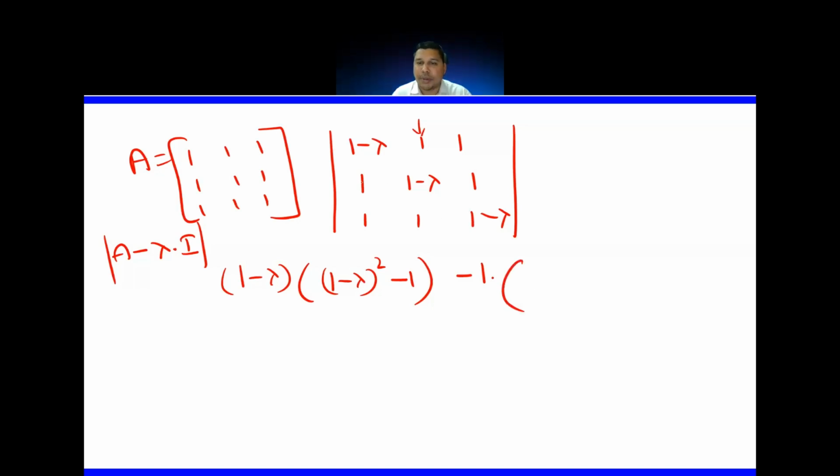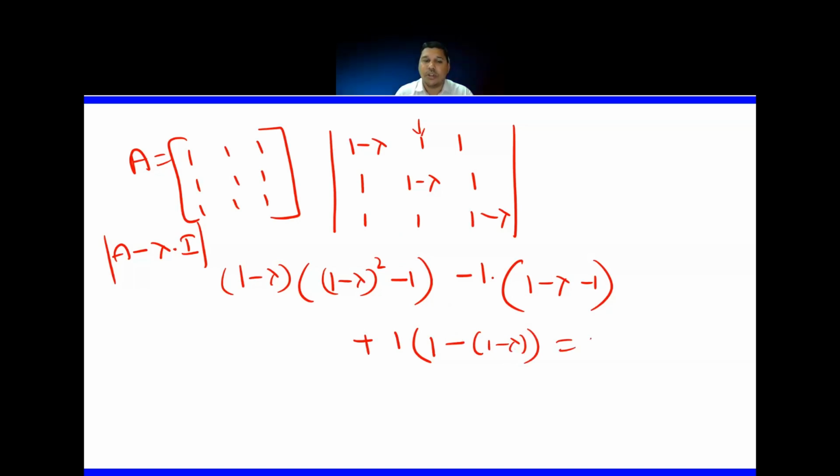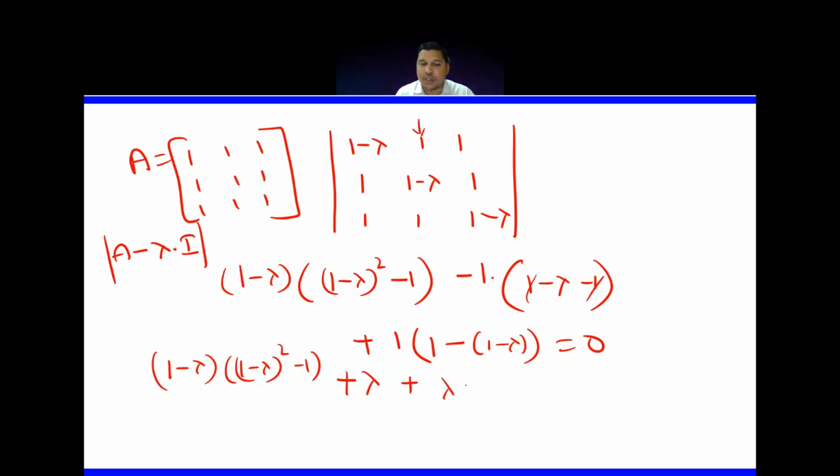So this becomes 1 into 1 minus lambda, so it is 1 minus lambda minus 1. Next plus 1 into 1 into 1, 1 into 1 is 1 minus lambda, 1 minus lambda equal to 0. If you solve this, you get 1 minus lambda into 1 minus lambda whole square minus 1 minus... you see 1 minus 1 goes, minus of minus lambda becomes plus lambda, plus here 1 minus 1 plus lambda, so this becomes lambda equal to 0.